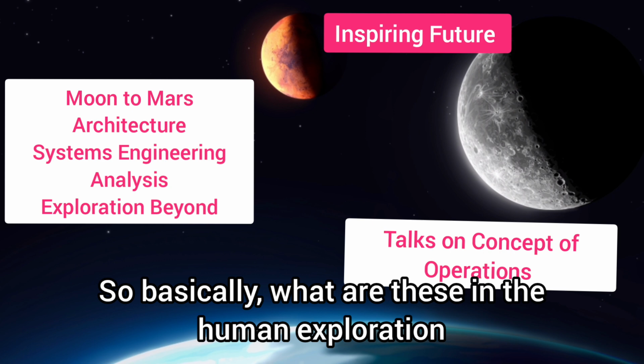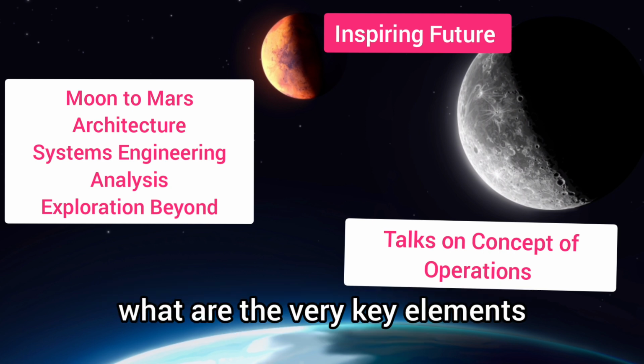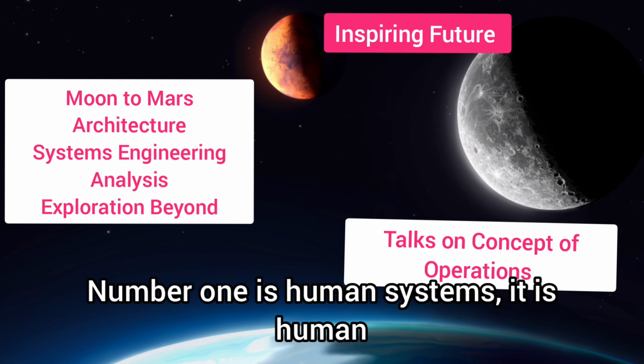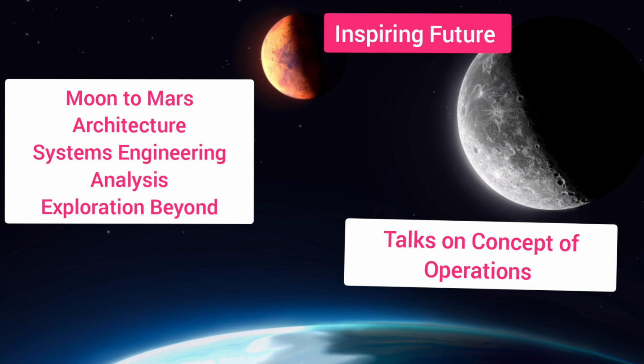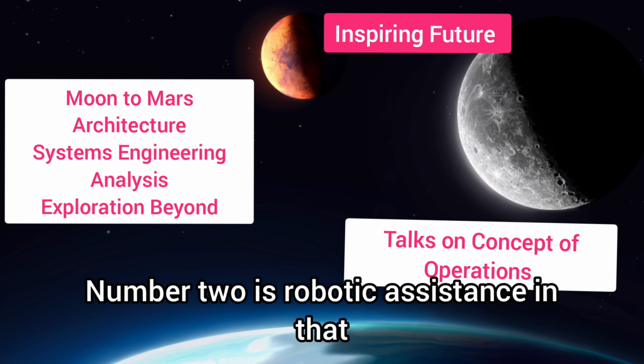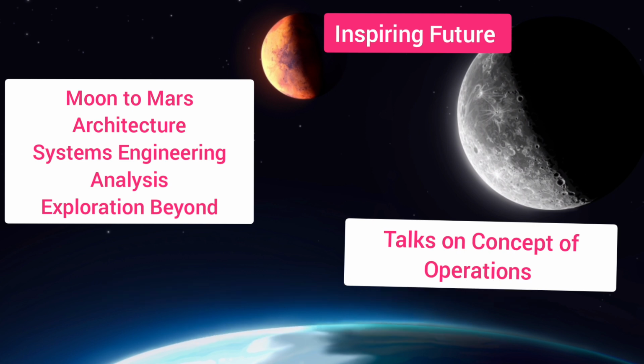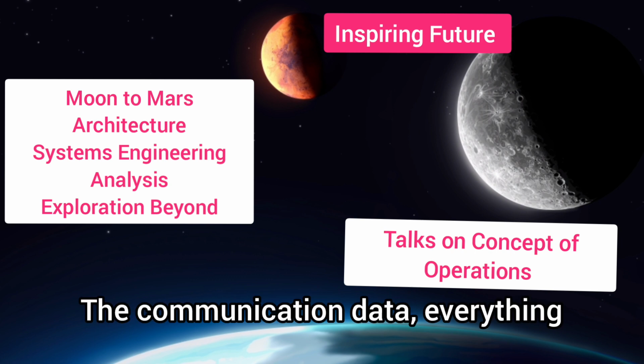So basically, what are the key elements in the human exploration Moon to Mars architecture? Number one is human systems. Number two is robotic assistance. Number three, what future objects can be included? The communication, data, everything, all those things will come.